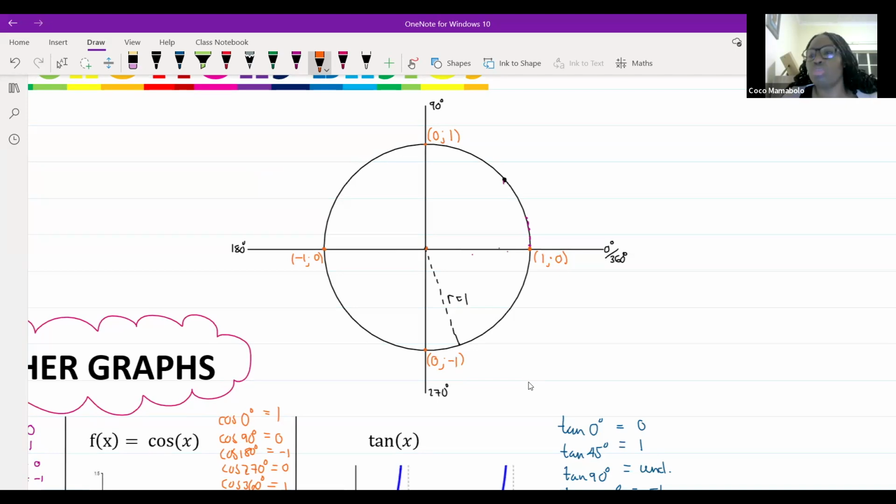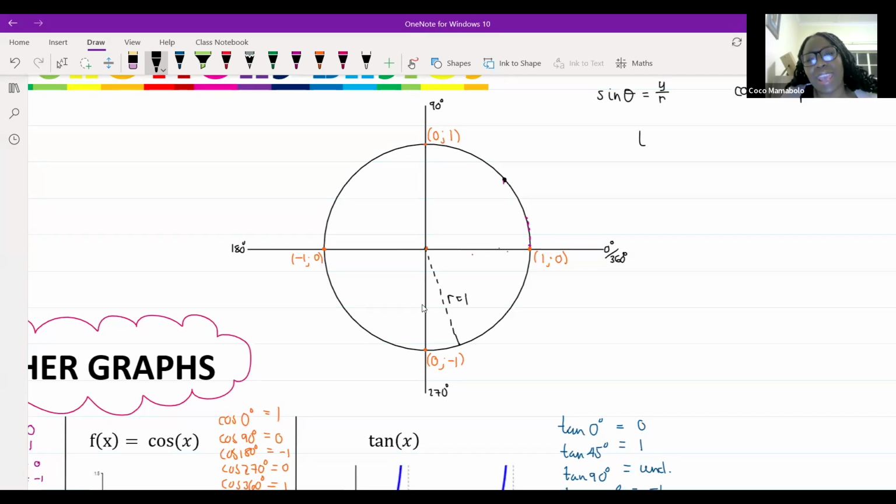All right, so let's think about this, guys. I know that SOHCAHTOA tells me that sine of theta is equal to opposite over hypotenuse, or on a Cartesian plane, it's going to be my y value over my radius. My cos of theta is going to be adjacent over hypotenuse, or my x value over the radius.